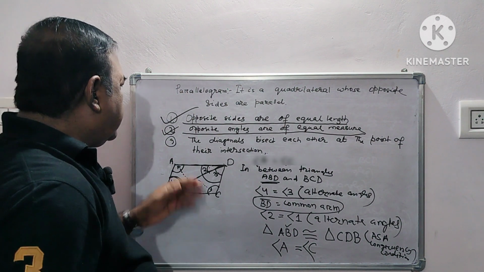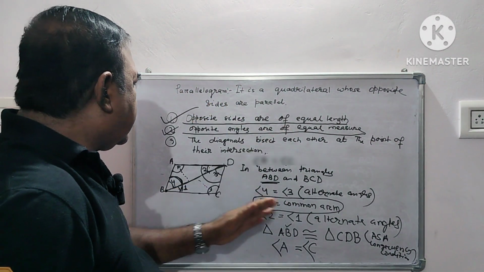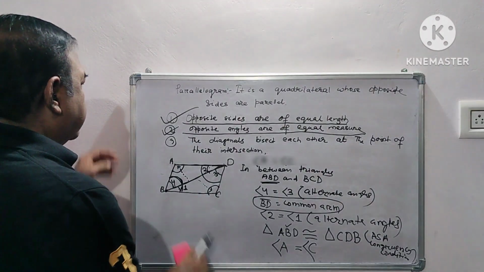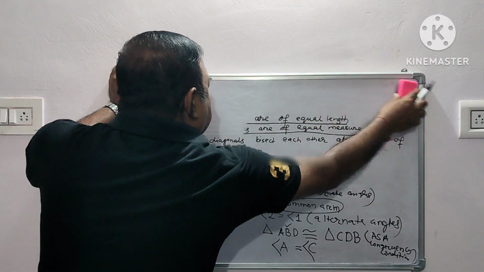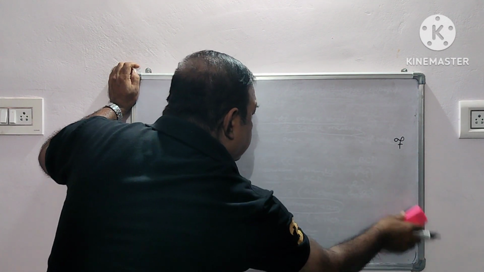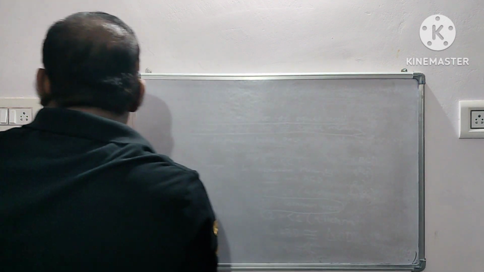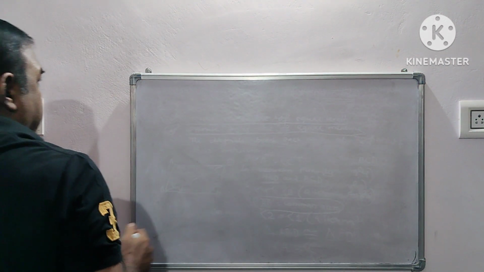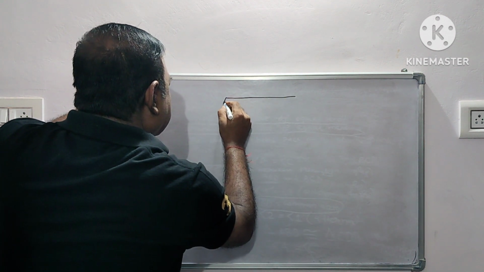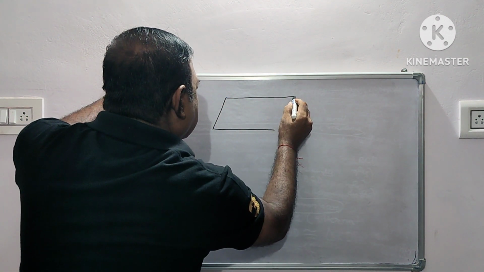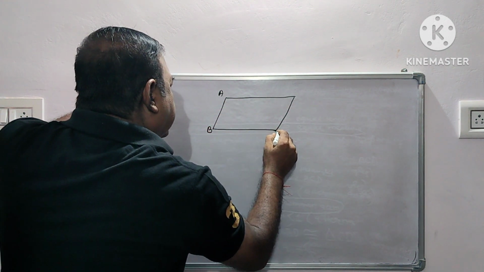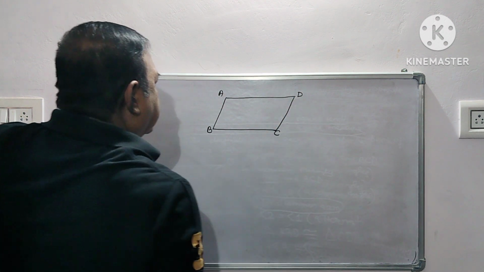Now we have to prove the diagonals bisect each other at the point of their intersection. Just we will have to prove that. So I will name it A, B, C, D, 4 vertices.